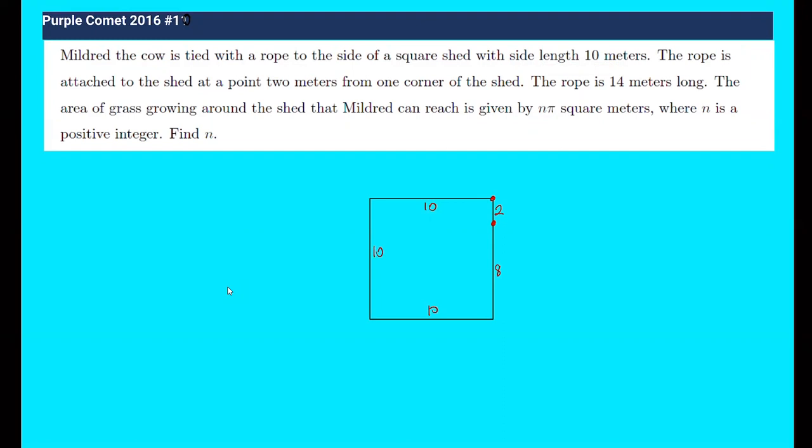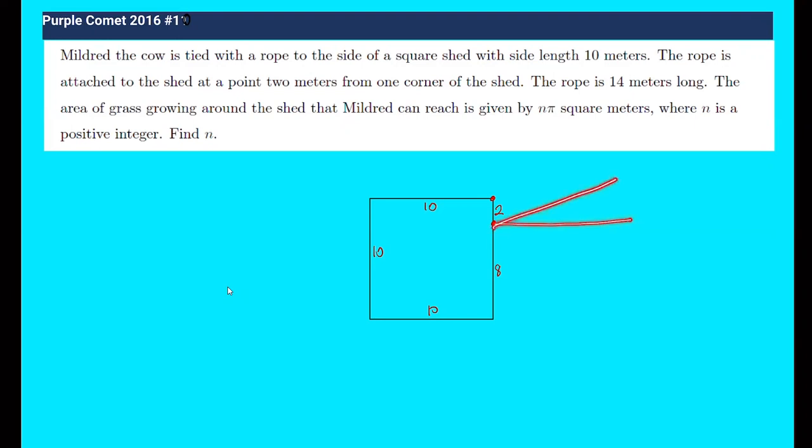But probably the most challenging part with these questions is just seeing the figure, how it looks after you draw the rope that you are given, and how it looks when you actually have the whole region. So one way to look at the region: I will go ahead and draw a 14 meters long line segment in each direction.